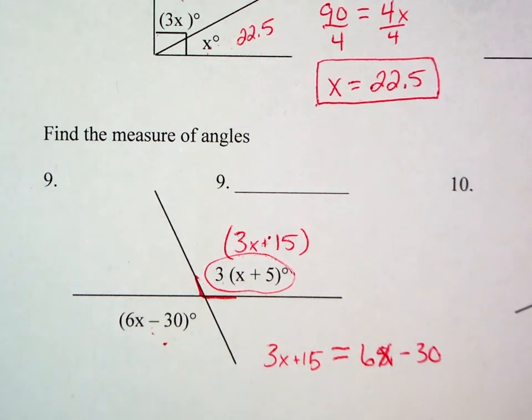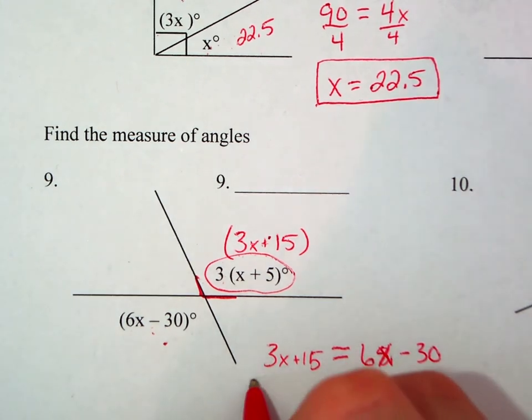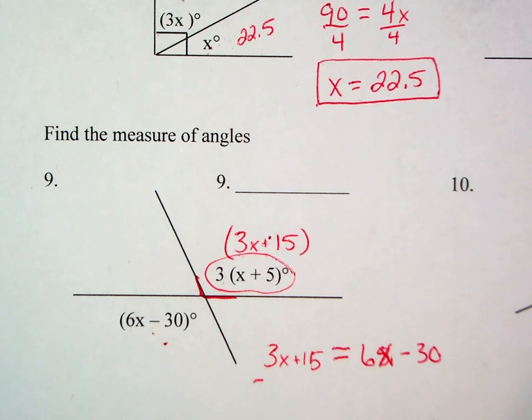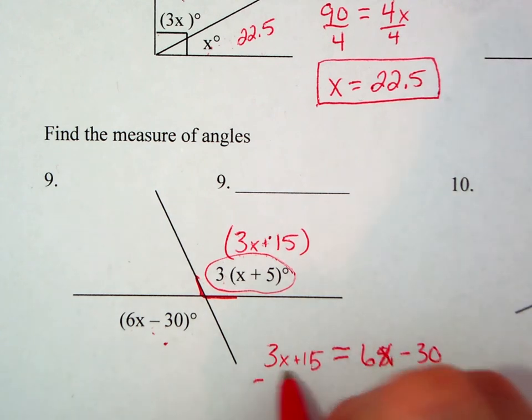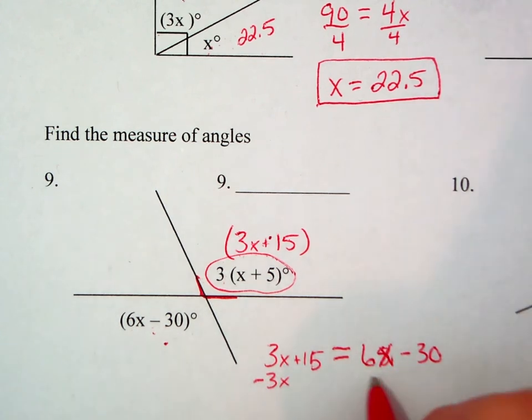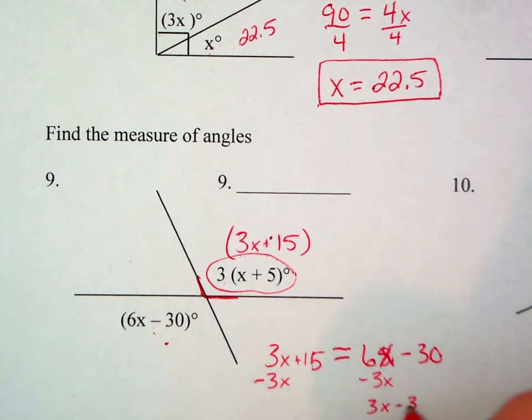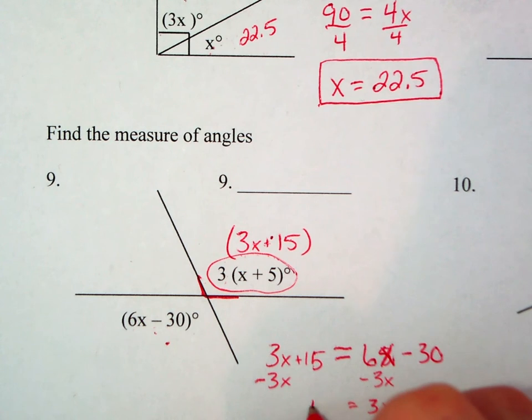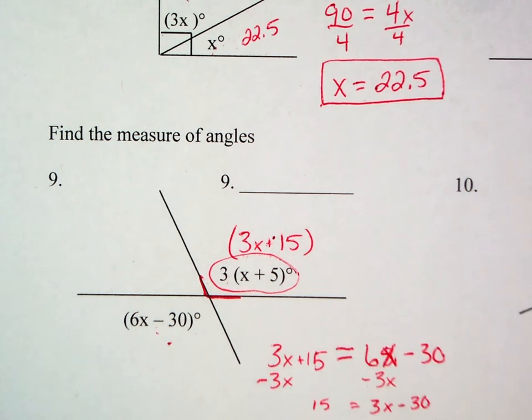Anytime you have x's on both sides, you must remember to take the smallest number and move it. So I'm going to subtract 3x from this side and subtract 3x from that side. And that will leave me with 3x minus 30 is equal to 15. Then the next step would be to add the 30 to both sides.